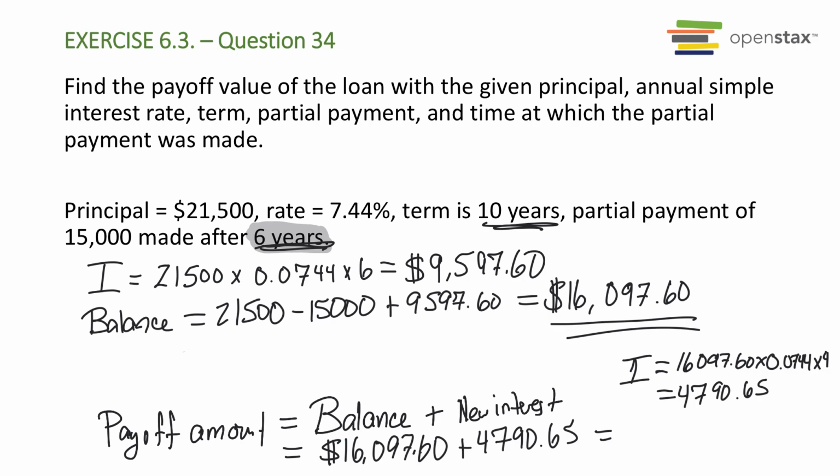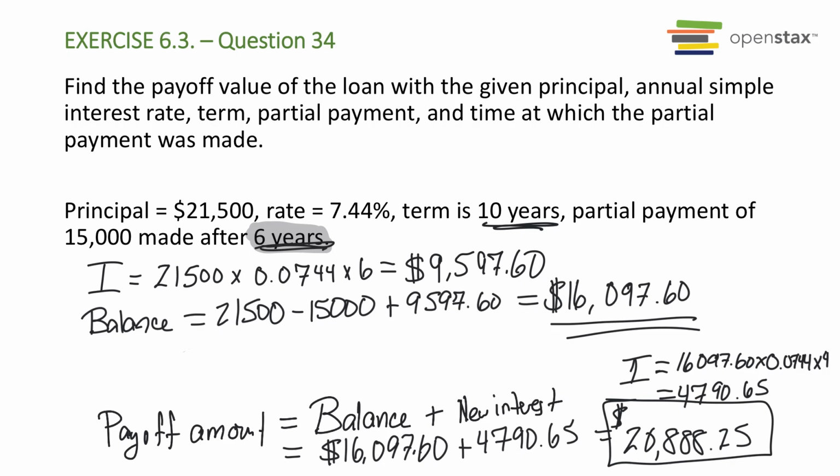And so we're going to add that to our 16097.60. And so at the end, we are going to owe $20,888.25. So that's quite a bit, right?